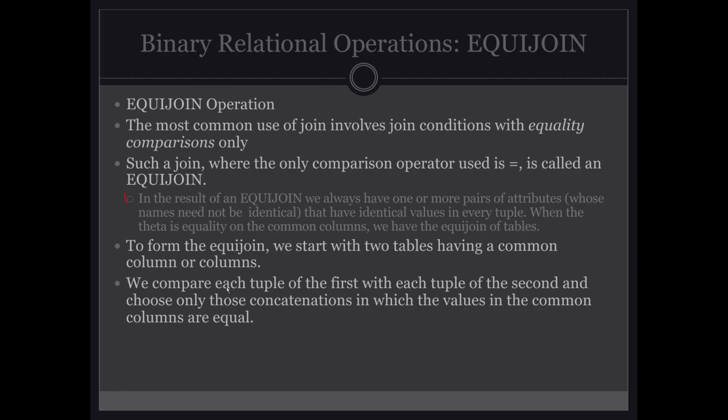So you're gonna compare every tuple of the first table with every tuple of the second table, and join only the ones where the values in the common columns are equal.